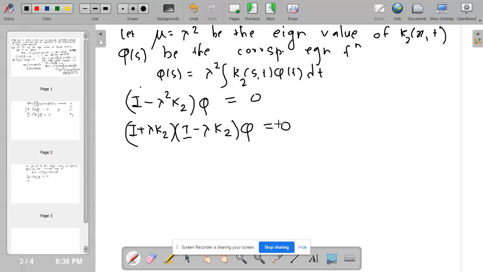Now, if lambda is an eigenvalue of k, sorry, here it should be k, right? Because we have already seen how this equation leads to this. So now I am writing this in the expanded form, which is this. So if lambda is the eigenvalue of k, then we are done.